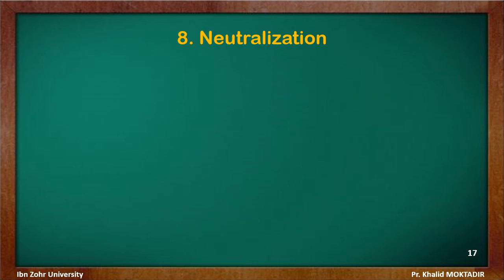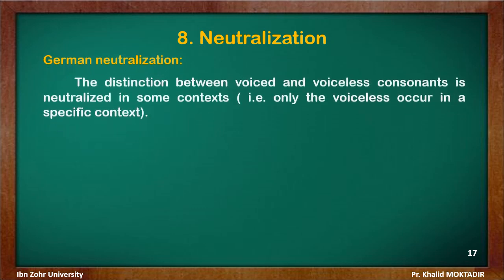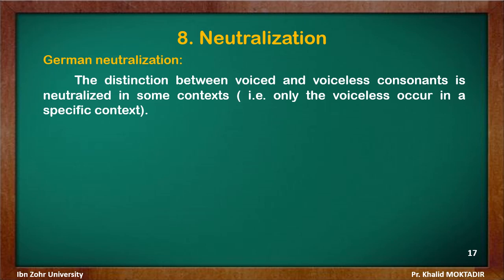We move on to our last process here, which is neutralization. We take one of the most famous languages for neutralization, which is German, and we look at examples of neutralization.